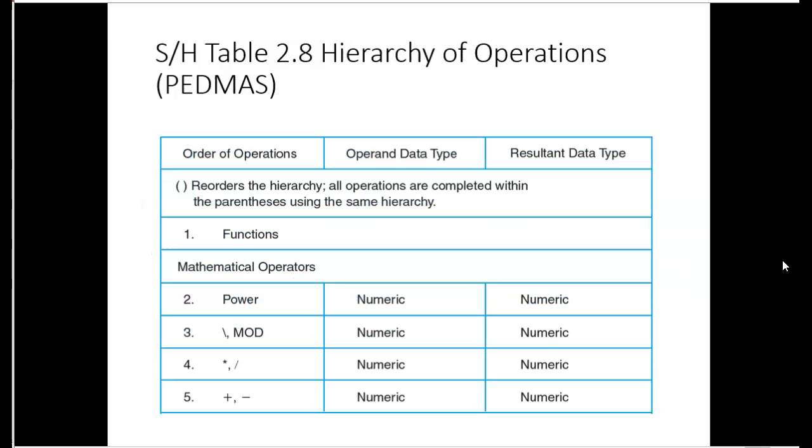Same thing with this. You also have to deal with the hierarchy of operations when working with a computer. In other words, even though the operators may suggest that you're going to do addition and then division, since division has a higher priority than addition, division is done first.